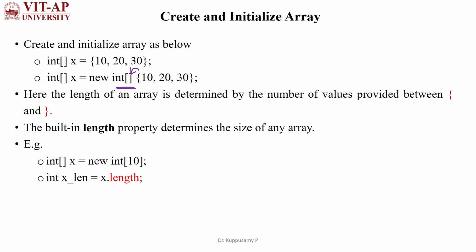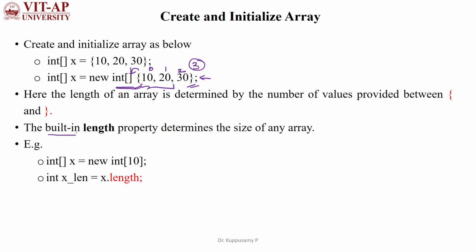So based upon the initialized values, it will decide the length of the array. Here the length of the array is 3 elements: the 0th element, first element and second element. So the number of elements is 3, and the length of the array is 3. Whatever number of elements we initialize between the open curly braces and closed curly braces, the size of the array is decided based upon that.